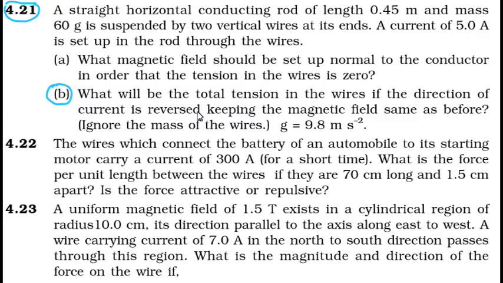What will be the total tension in the wires if the direction of the current is reversed, keeping the magnetic field same as before? Ignore the mass of the wire. g is equal to 9.8 meter per second square. Let us see the solution.